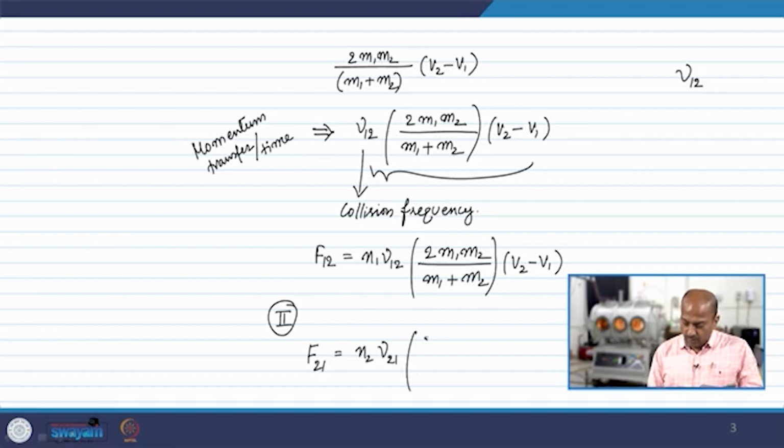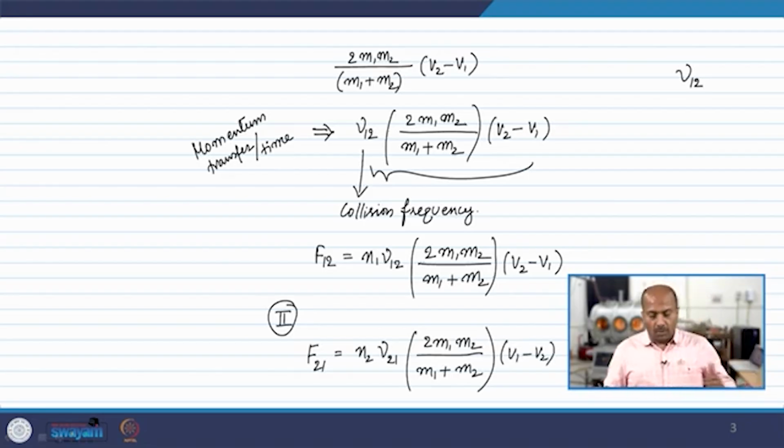This factor of course remains the same, 2 m1 m2 divided by m1 plus m2, times (v1 minus v2). You would obviously expect these two velocities to be different. If these two velocities are the same, there cannot be any momentum transfer.